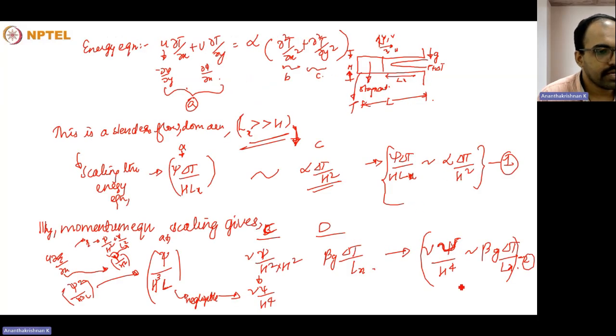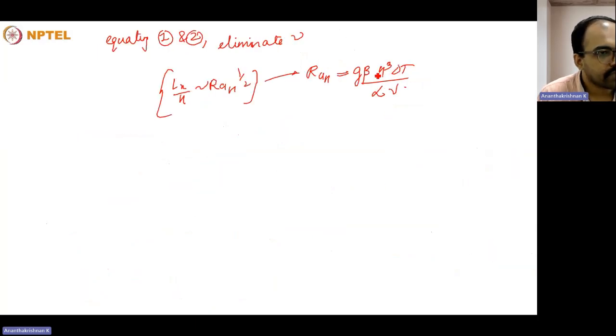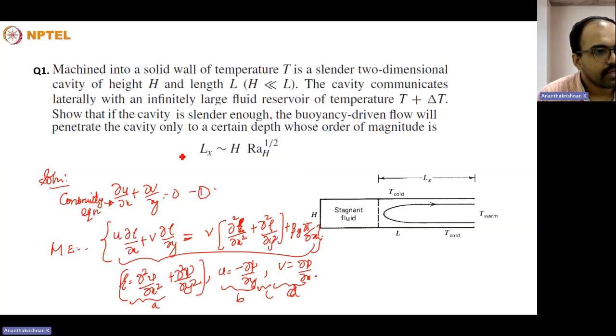So we just divide this by this, and we can combine them together, and we can reduce the terms in the form of Rayleigh number, and thereby we get the scaling analysis function Lx by h is also of the order of Ra_h raised to 1 by 2. So this is what the question says.